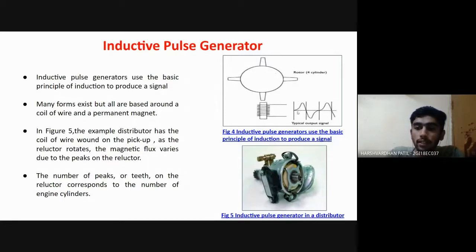Periodically it rotates, and the output goes high and low, as in figure 5. It has a coil of wire wound up, and this is the pickup. As the rotor or the reluctor rotates, the magnetic flux varies due to the peaks of the reluctor. The number of peaks or teeth corresponds to the number of engine cylinders.